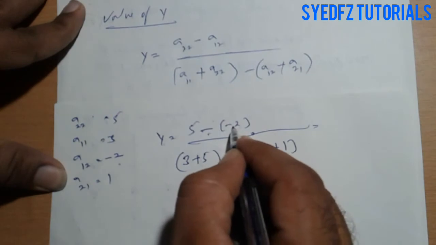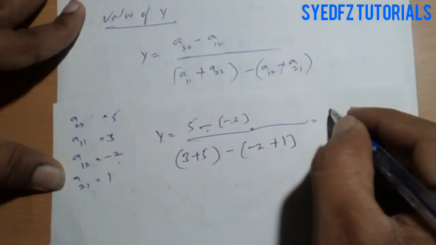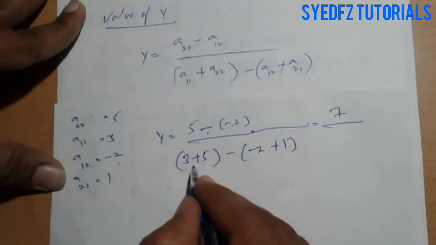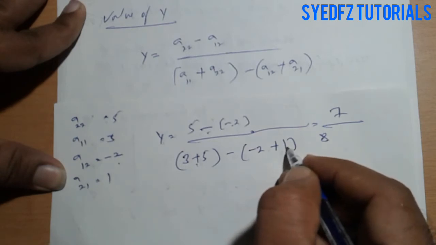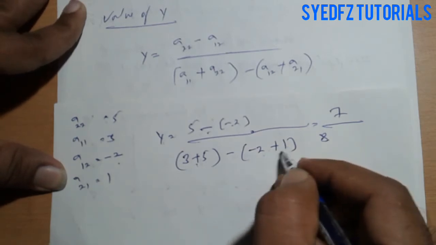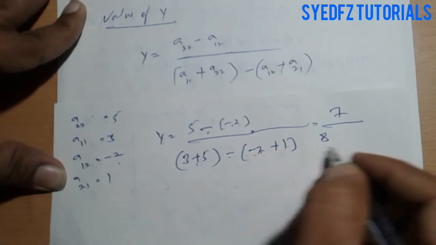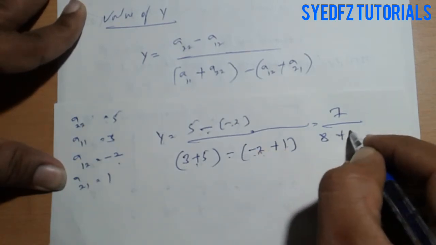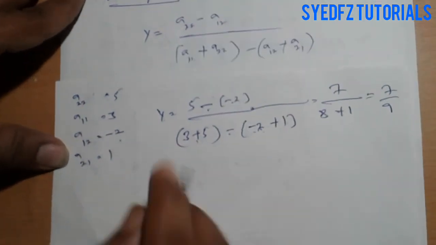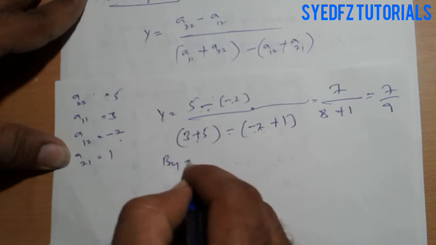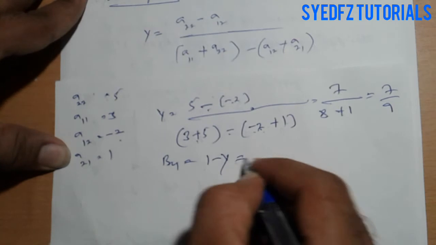Minus into minus is plus, so 5 plus 2 is 7, here this is 8. Minus 1 means minus into minus plus, so plus 1. So 7 divided by 9. For B4 the strategy is 1 minus y.